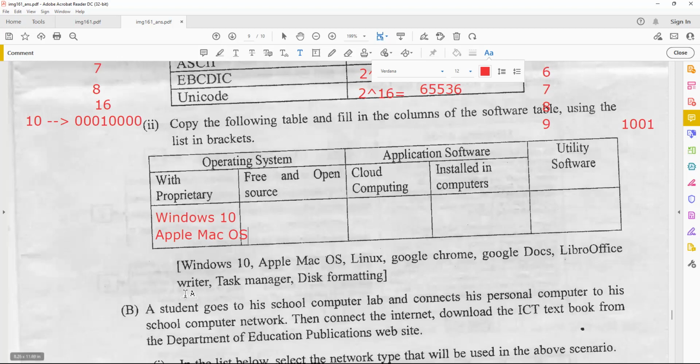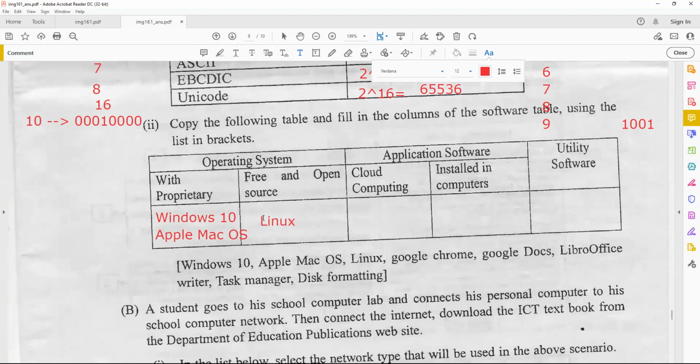Right, now from the list of software available here, can you tell me what are the free and open source operating systems? Ubuntu, Linux. Yes, when it comes to free and open source software, Linux will be the only answer.